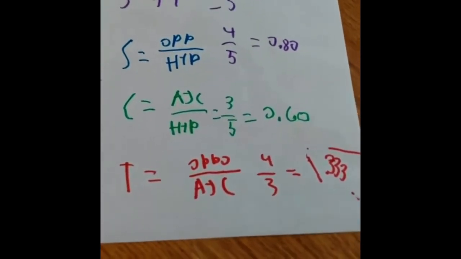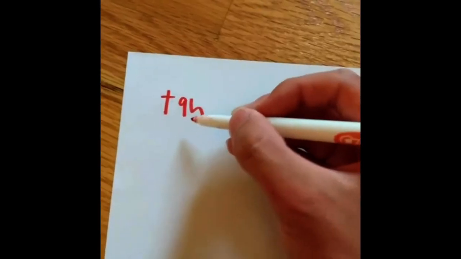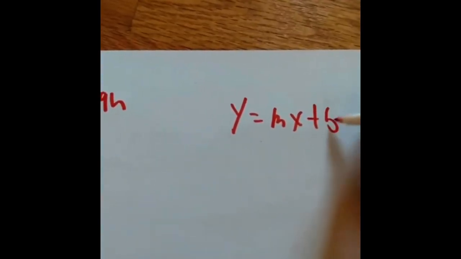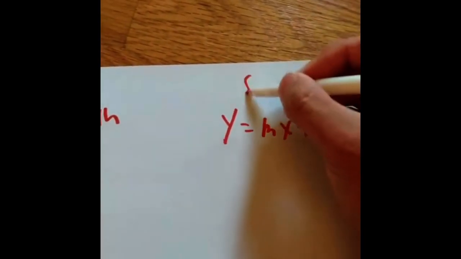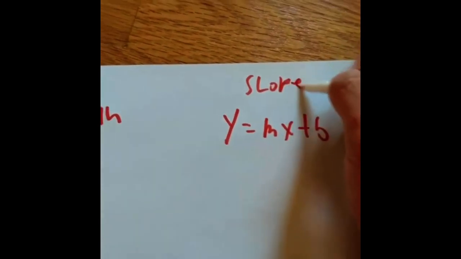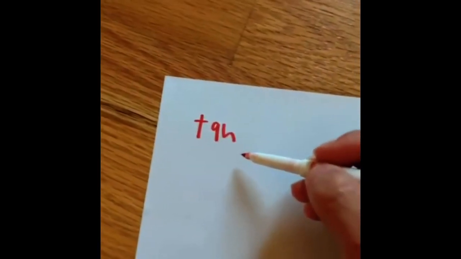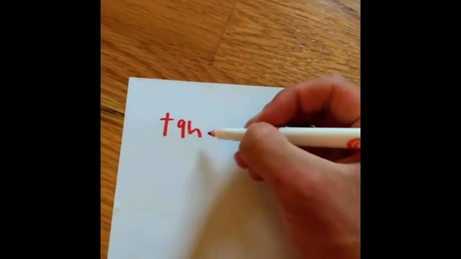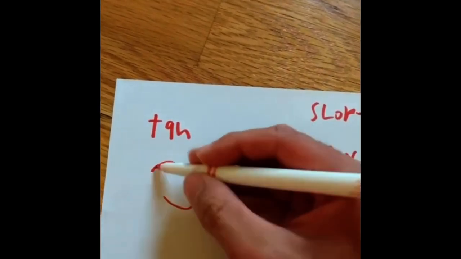Tangent is a sister equation to y equals mx plus b, because y equals mx plus b is what we call the formula for slope. Since we're trying to find the slope of the hypotenuse by finding the tangent, they're pretty similar, but the only difference is that you can find the tangent and the slope of the hypotenuse without a graph.